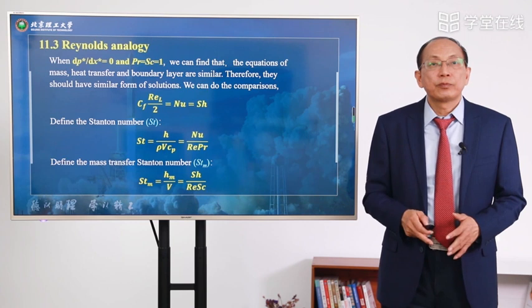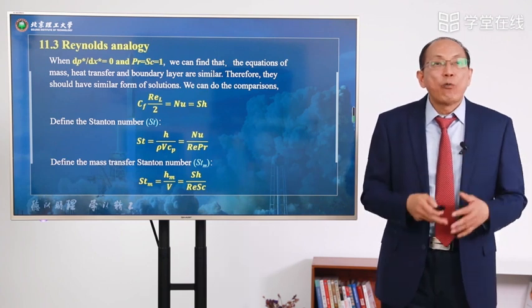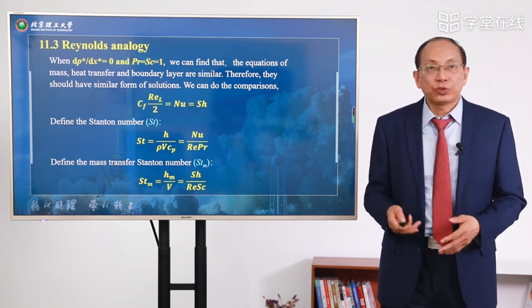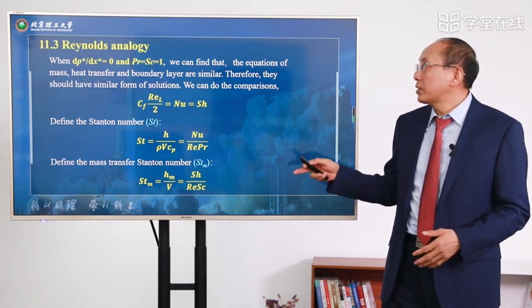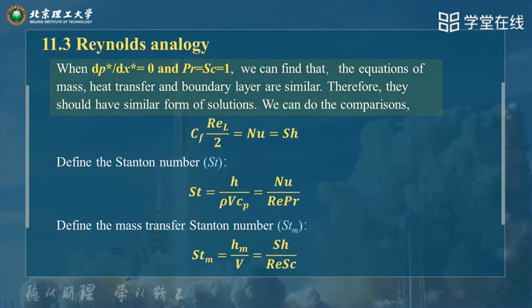In this section, we will study a very important analogy. It is the Reynolds analogy. When dp star divided by dx star equals 0 and the Prandtl number equals the Schmidt number, similar to 1, we can find that the equations of mass, heat transfer, and boundary layer are similar.